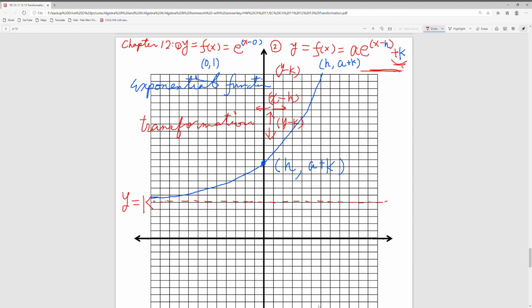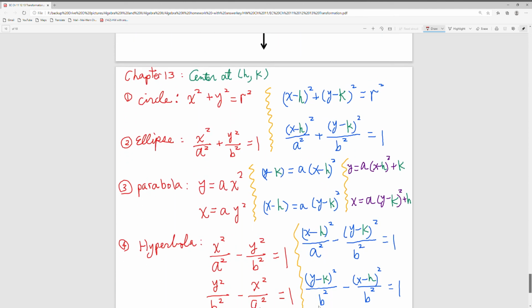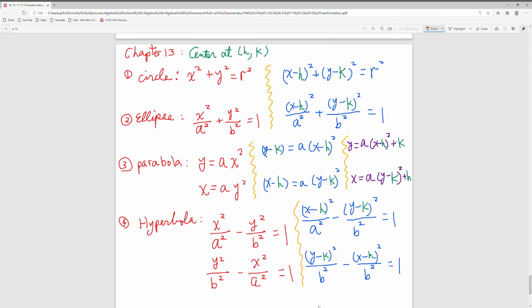But when we go to chapter 13, we have more complicated functions for circle, ellipse. Now, when it's a function, we have plus k, right? But if we have the form of an equation, we don't see a function.